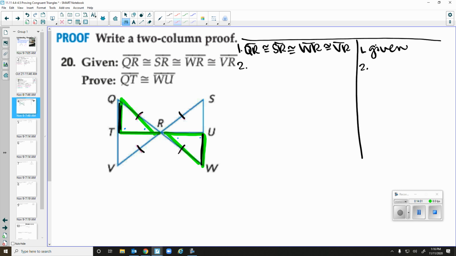Yes. You can say lines at the last or QR. Just pull it from the given. Say that again. You can pull from the given and QR is congruent to that QR. Okay, that part's good. But then we still need one more thing, right? So, do you have an idea?